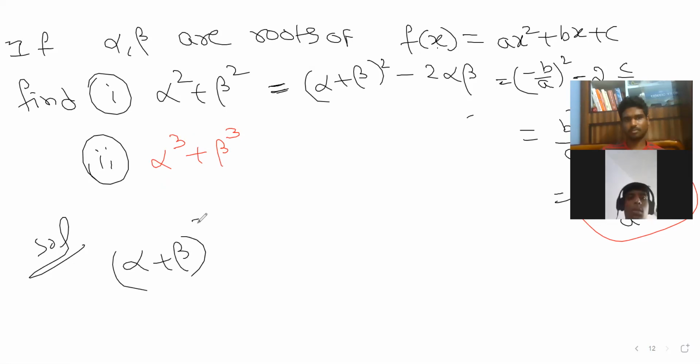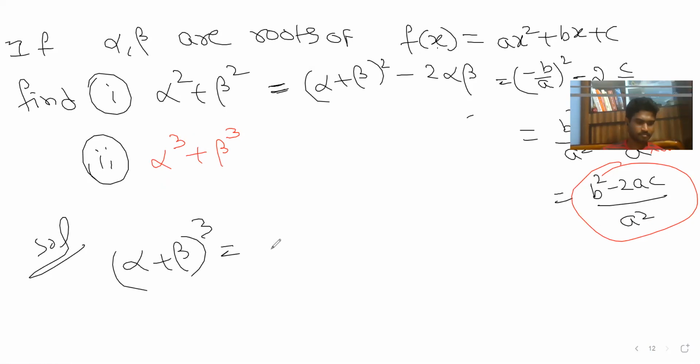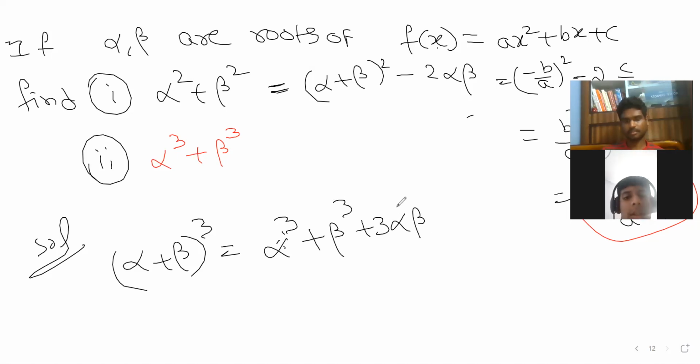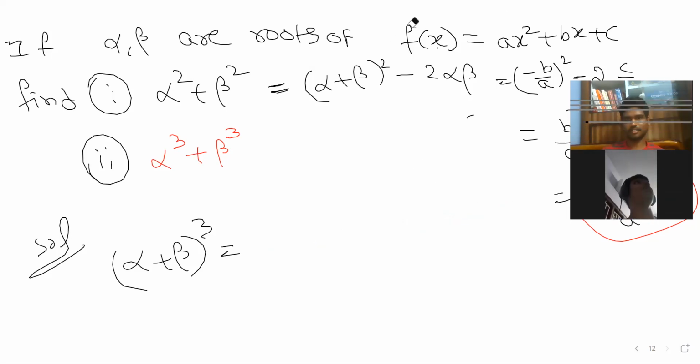A plus b whole cube is a cube plus b cube plus 3ab into a plus b. That is the simplified format.